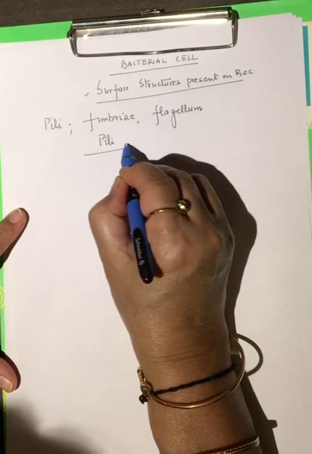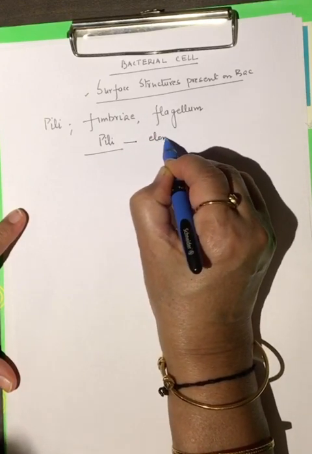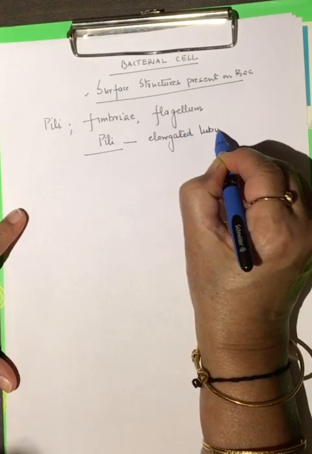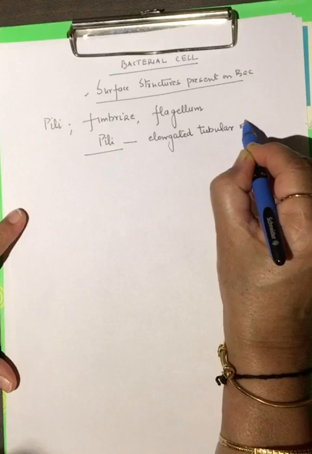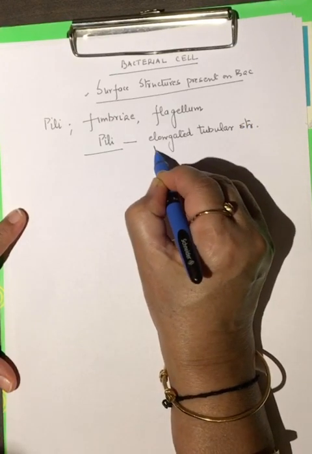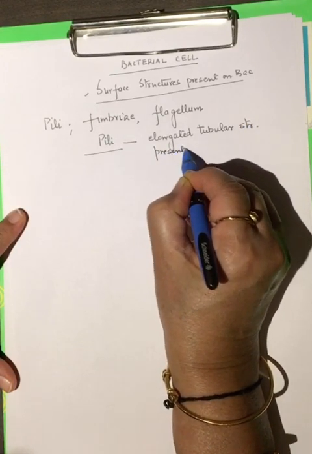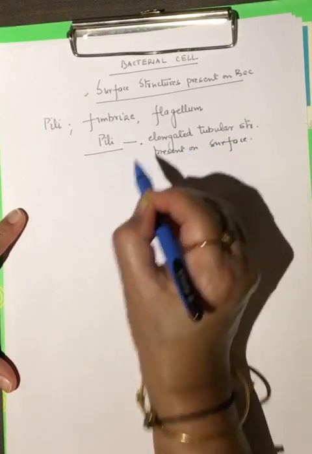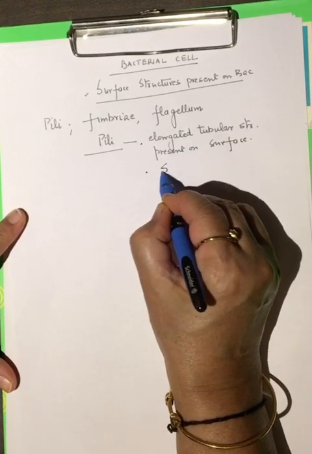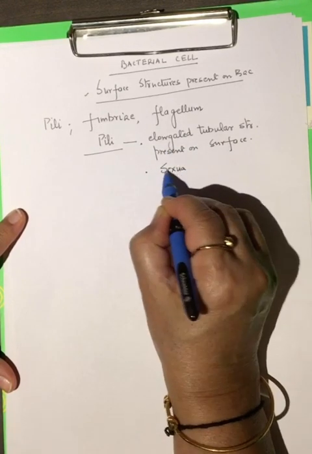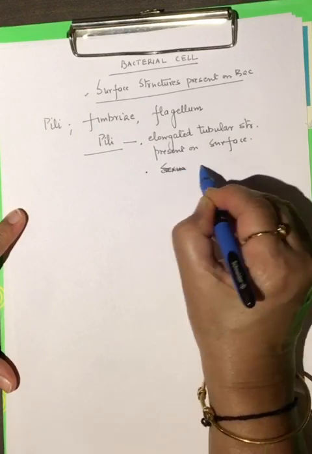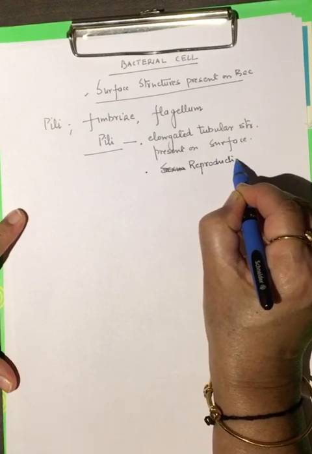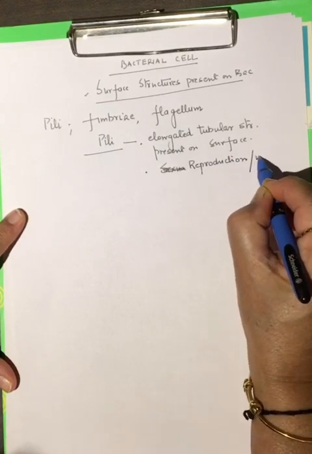Pili are elongated tubular structures present on the surface. These pili help in reproduction, or mating.